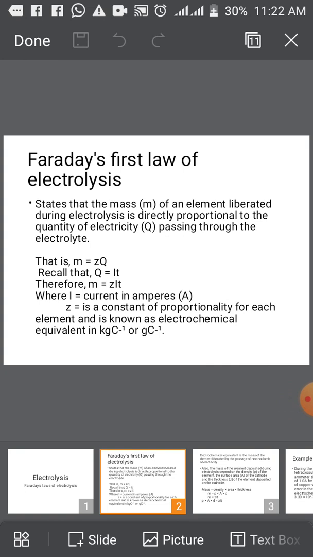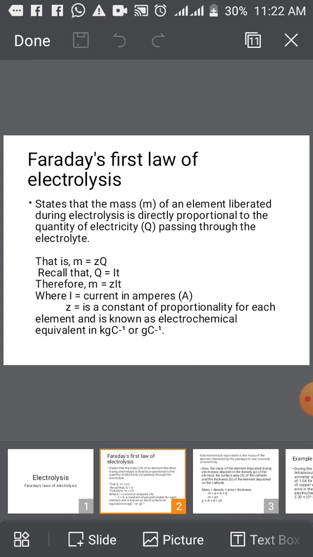Therefore, mass m is equal to electrochemical equivalent Z multiplied by current I multiplied by time T, where I is equal to current in amperes, Z is equal to a constant of proportionality for each element and is known as electrochemical equivalent.